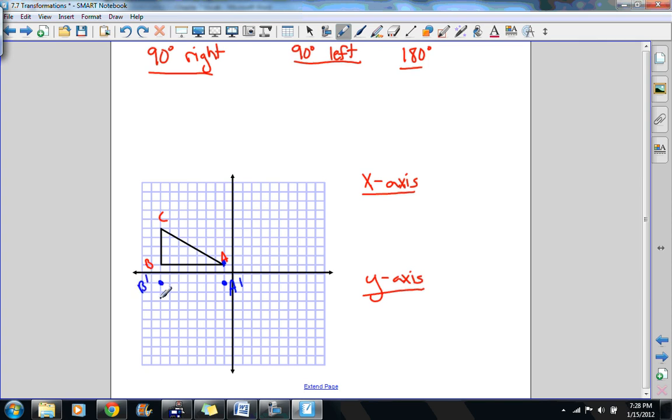And C will have to go 5 over. So this is our flip across the x-axis. And our y-axis will be this way. A will go here. We'll call it double prime. B has to be 7 to the right of that. And C will be 4 up.